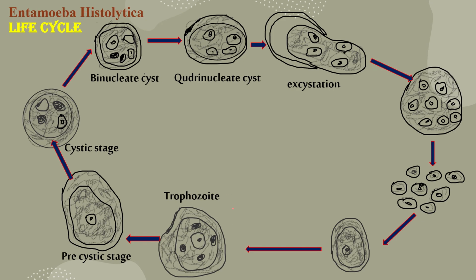So again, suppose this is a minuta or precystic form, then it converts into the trophozoite form, and then forms the precystic stage.